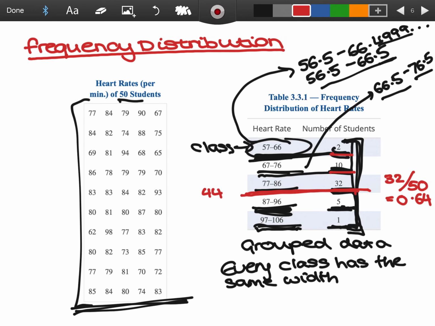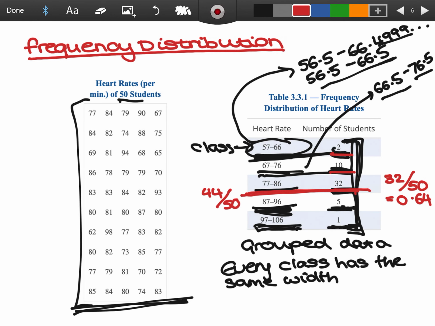To find my cumulative relative frequency, I then need to see the proportion of the cumulative people that fall into that class out of the total number of people. So I take my cumulative frequency and I divide it by the total number of people in the study. Okay? So cumulative relative frequency is where I take the cumulative frequency of that particular class and then I find the relative frequency of that cumulative frequency.